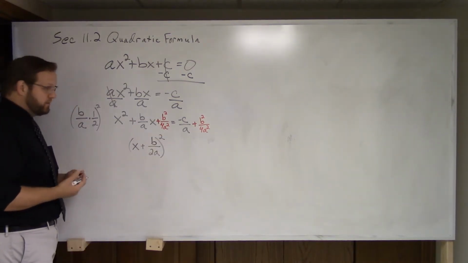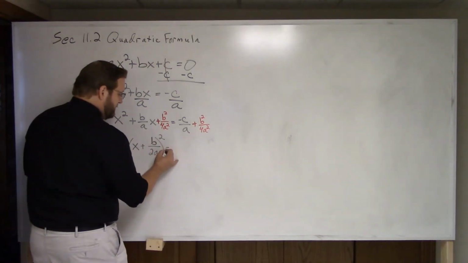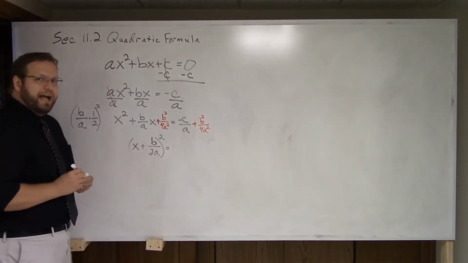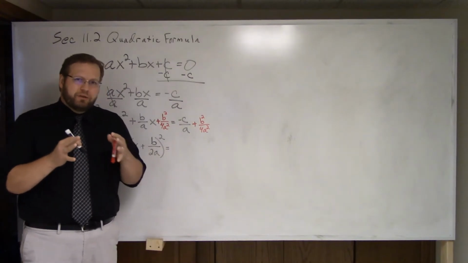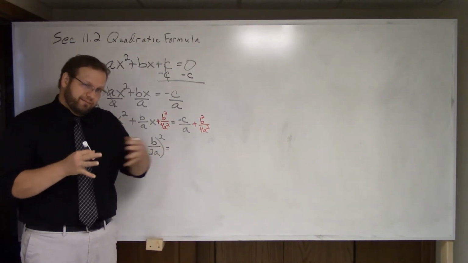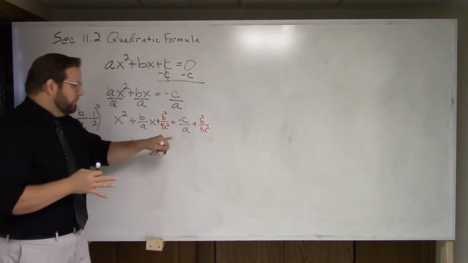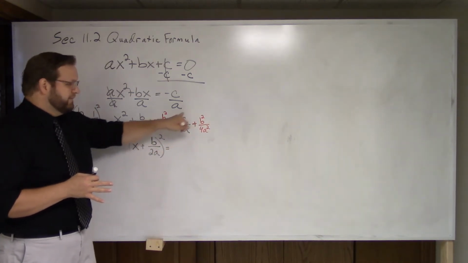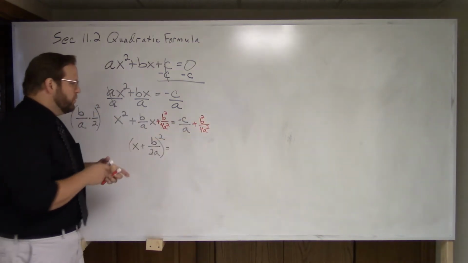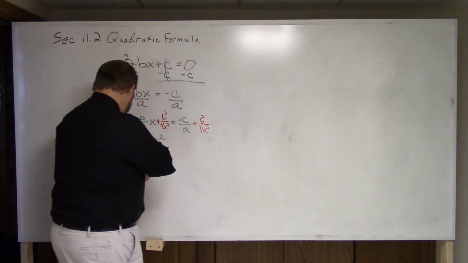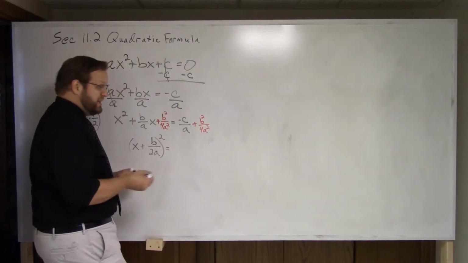That's a factored form. Now on this side, let's see how that's going to come together. I could leave it like that, but those of you who know the quadratic formula, the thing I'm about to get to, this is not really going to fly in that formula. So what we're going to do is go off to the side and combine this up a little bit.